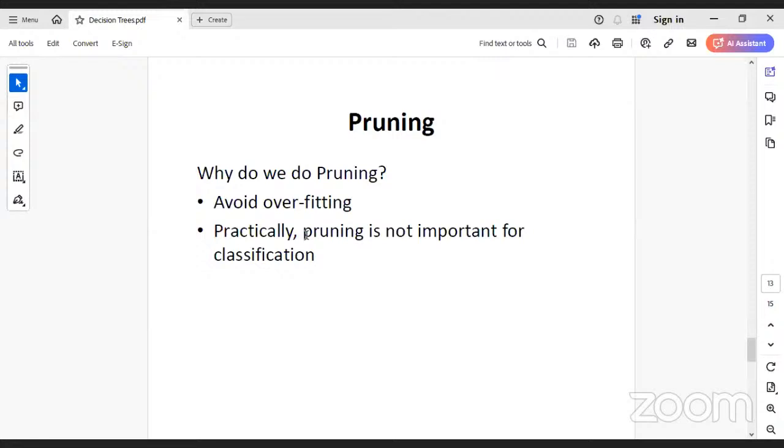So with this, our simple learning of decision tree is done. I will take a few seconds of pause, and I will take some questions from your end. Any doubts, you can now ask me. I am ready to clarify your doubts.